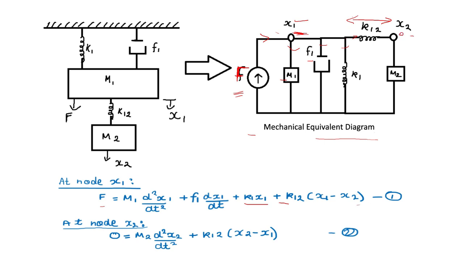Similarly at x2, since there is no external force, we write 0, and it is equal to m2 d²x2/dt², plus k12 times (x2 − x1). So these two equations are very important.